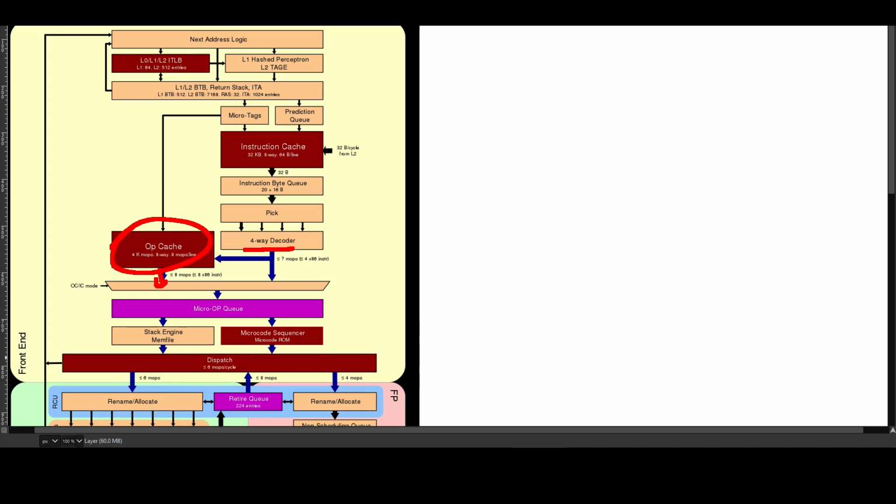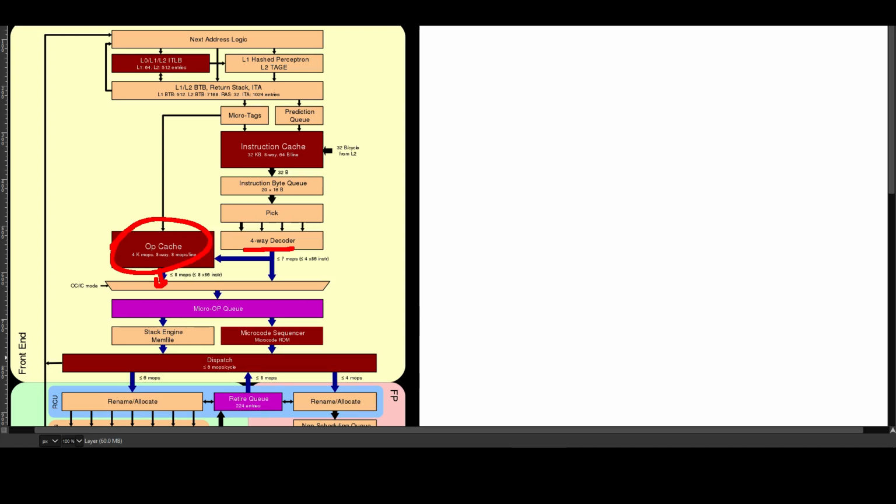But if we're doing tasks where it's repetitive, stuff like rendering, Zen2 is going to perform extremely well. And so obviously the question we started with is, what do we expect to see in Zen3?